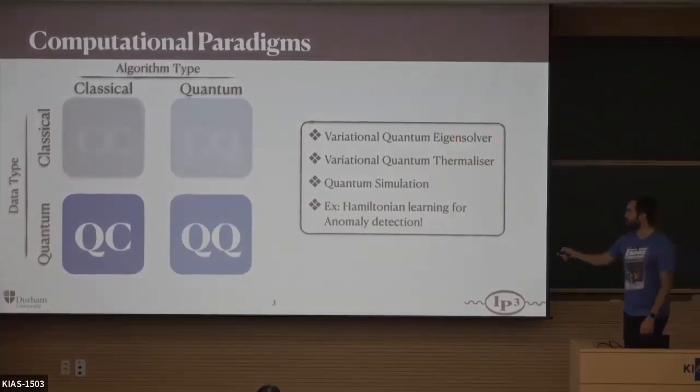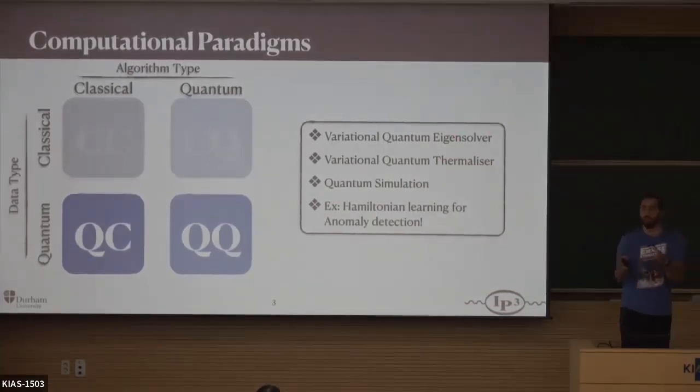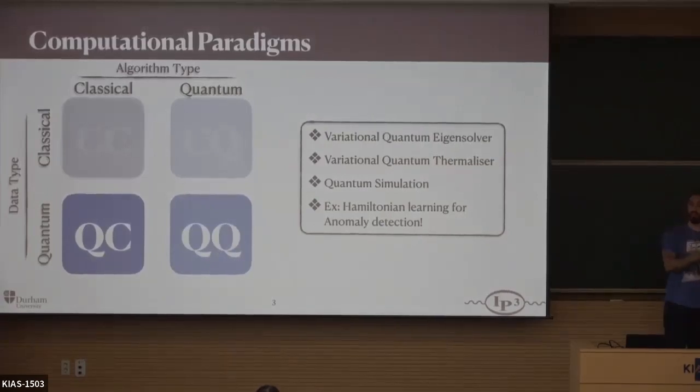So I'm going to first start with variational quantum eigensolver, which is quite similar actually to what you saw this morning, for example, in case of classification. And then we will talk about variational quantum thermalizer, and that is actually very similar to what you saw again this morning, generative modeling. We're going to learn a thermal state density matrix here.